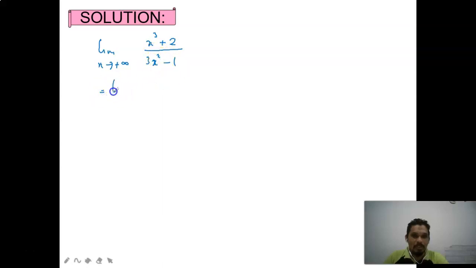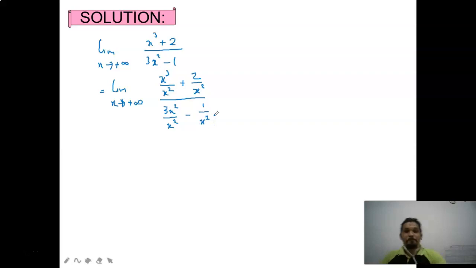So then this one comes out with x cubed divided by x squared plus 2 divided by x squared, divided by 3x squared divided by x squared minus 1 over x squared.